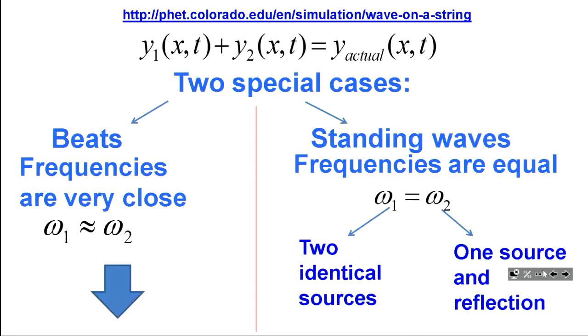In that case, we can generate those waves differently. First, we can use two different sources. Second, we can use one source, but the wave travels, reflects, and the original and reflected waves begin interfering. So we start from beats. And first, let's hear them.